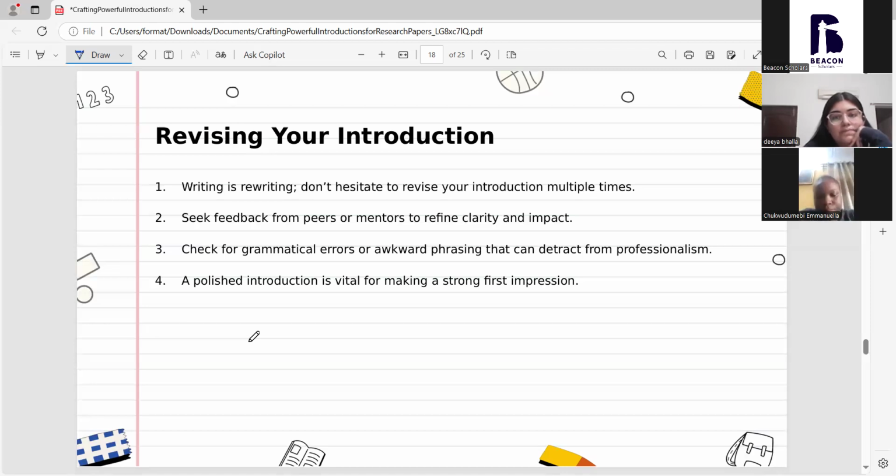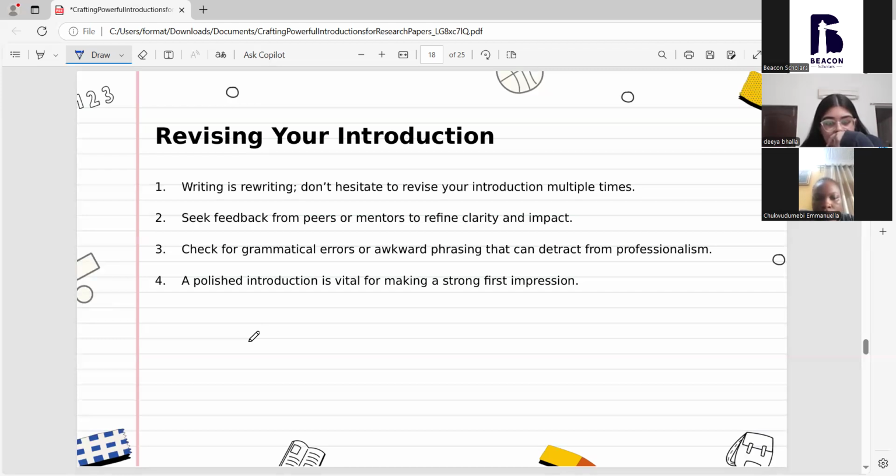Good. Also seek feedback from peers or mentors, which will be us in your case. After finishing your introduction, revise it academically and grammatically, with punctuation, which is very important, and also revise the content.